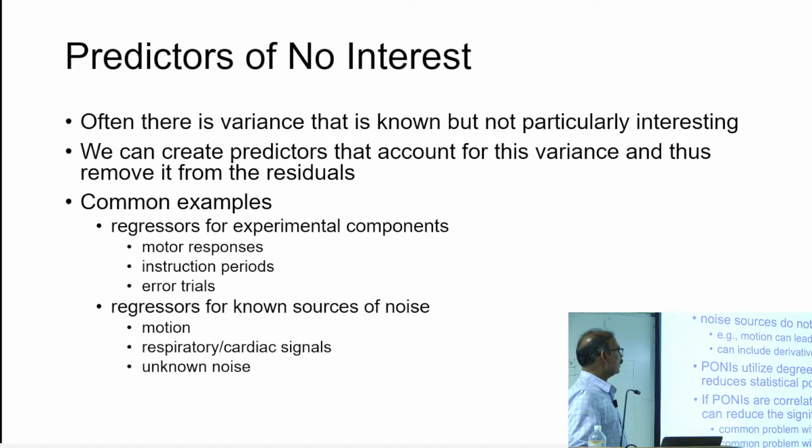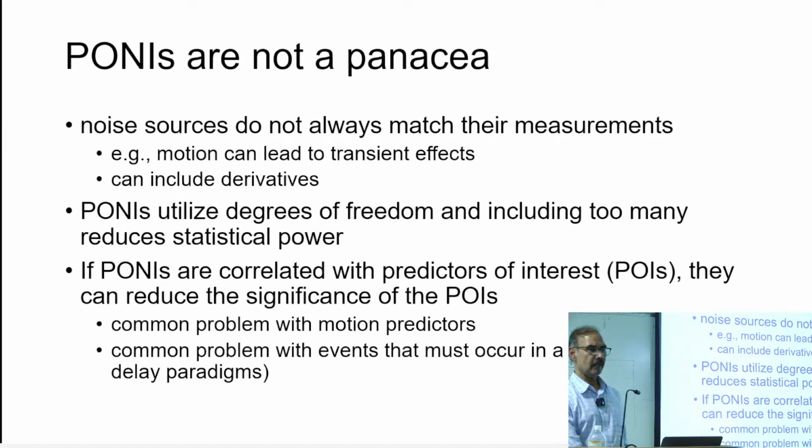Also, just because you can assign something as a predictor of no interest, a lot of times that is not a solution in itself, right? Noise sources do not always match their measurement.